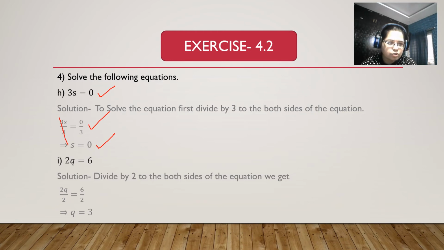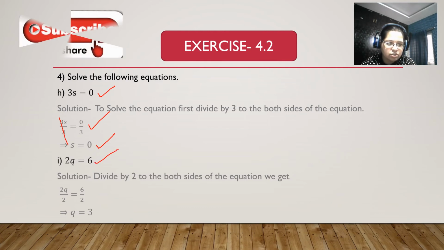Now we will solve question number I B. 2q equals 6. This is the equation given, and we have to solve for the variable q. To solve, we divide both sides by 2.